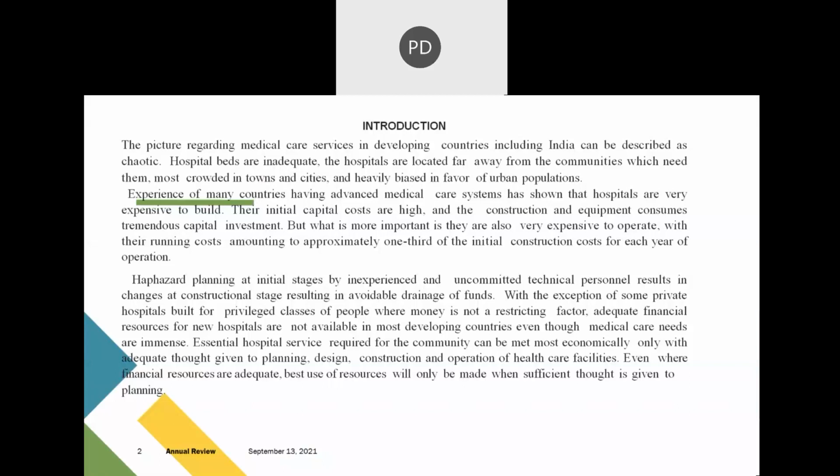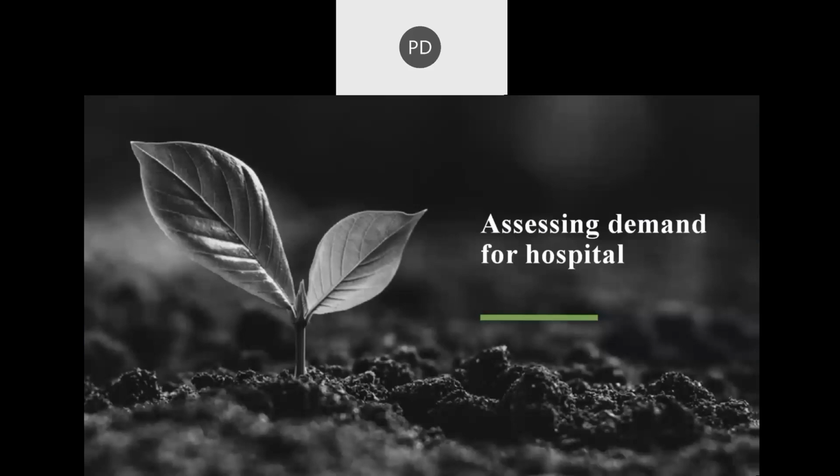I tried to explain how difficult it is to build a hospital because it is expensive to build or establish a hospital. And the most important and critical part is planning of the hospital, because planning has to happen in such a way that later on whenever you operate the hospital there is no trouble. If there is any loophole then you will have trouble in operating the hospital.